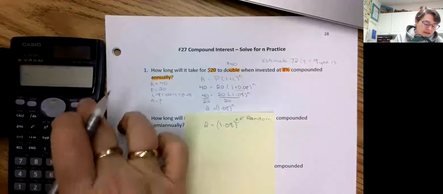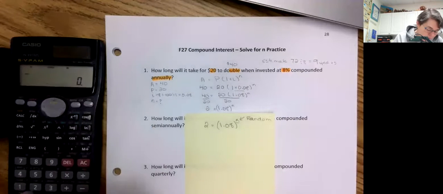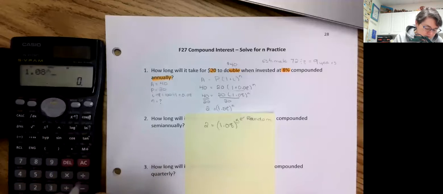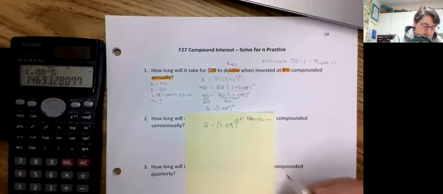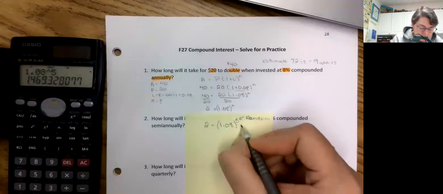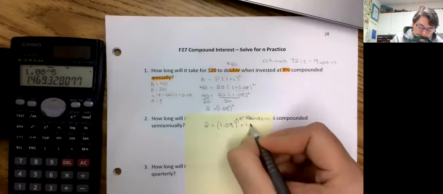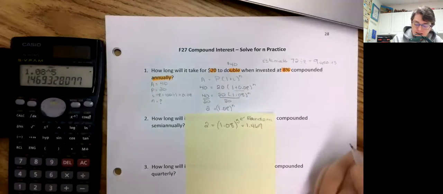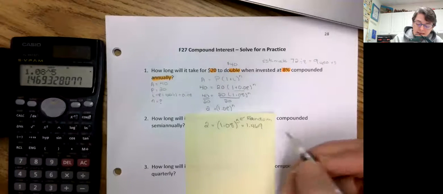So now I'm going to try that on my calculator. 1.08 to the 5th power gave me 1.469. That's not big enough. I'm trying to get 2.